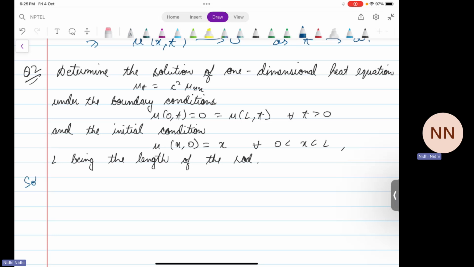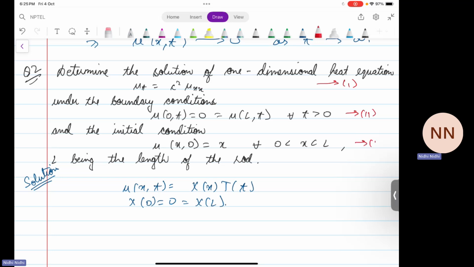Now I would like you to try this question first. Start with taking u of x,t equals to X of x and T of t. Then you'll have some initial conditions. X at 0 equals to 0 is equal to X at L, and let's number these as 1, 2, 3.